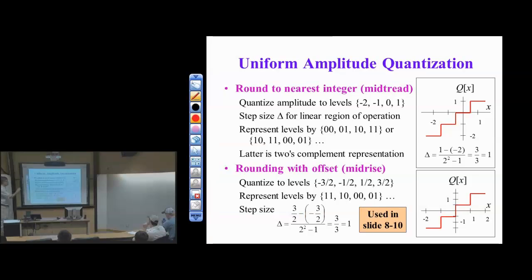All right, so let's continue on the discussion here of amplitude quantization. So there are many different ways to do amplitude quantization. Here are two of them. Both are uniform. They're uniformly spaced. So there are a lot of applications for non-uniformly spaced quantization. That's beyond this class, but I'll tell you they are out there in practice. We use them in data conversion. We also use them in compression.